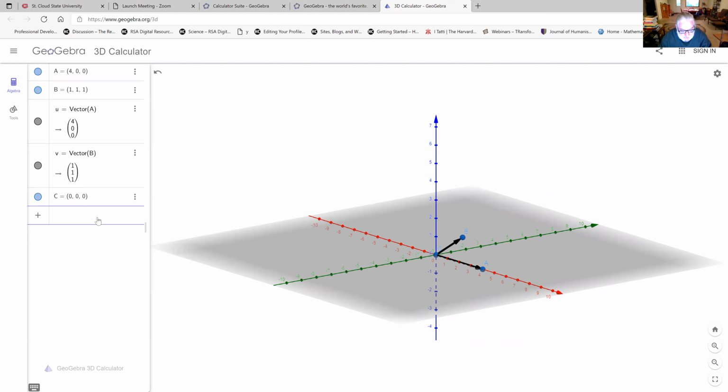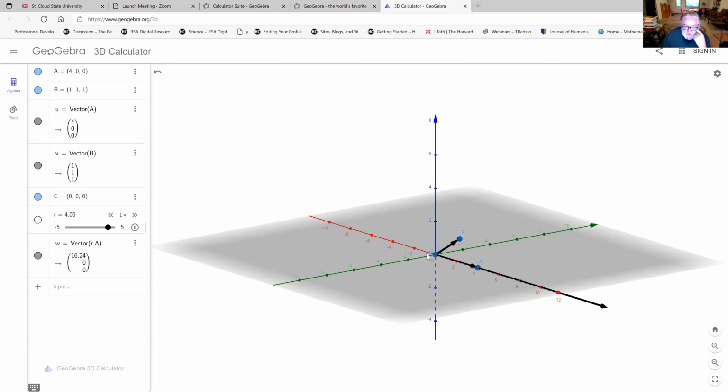Well, we'll define a thing r, and then we'll look at, right? So this should give me the span of the vector A. We will scroll out a little bit so we can see it better. The span of the vector A is just the x-axis. So we can stop there.